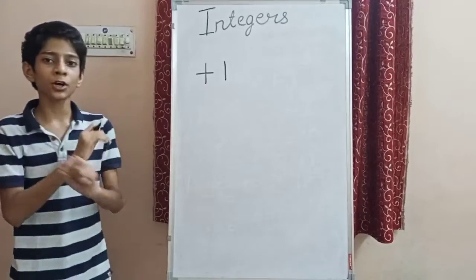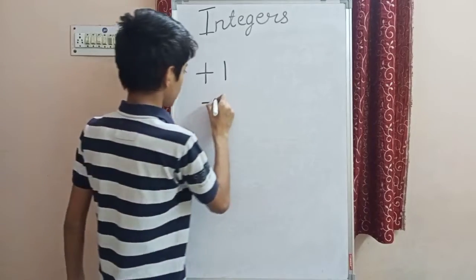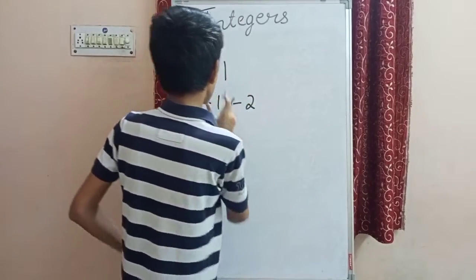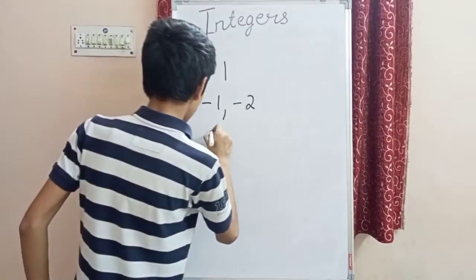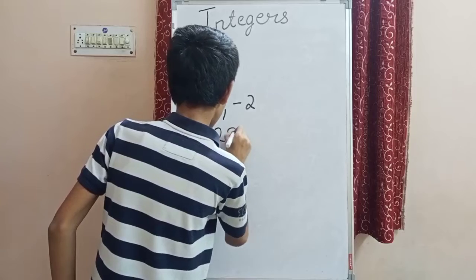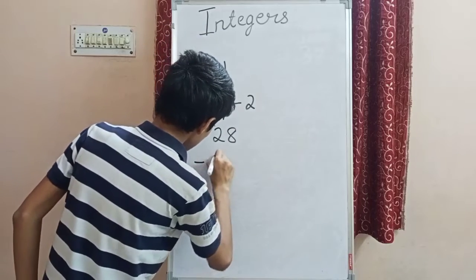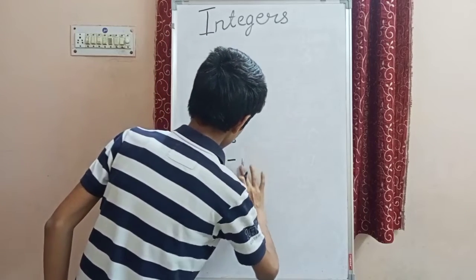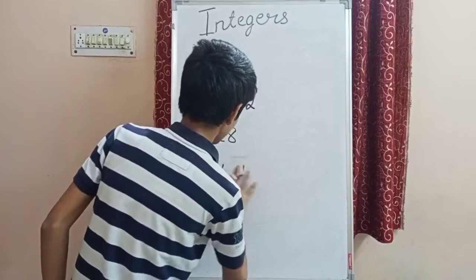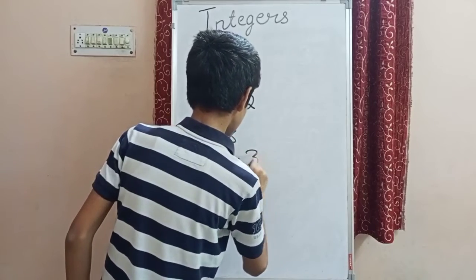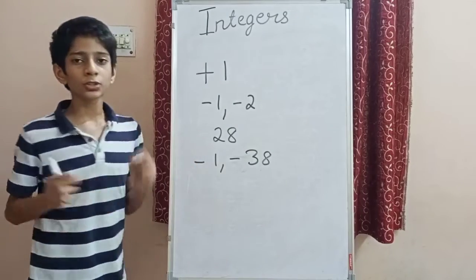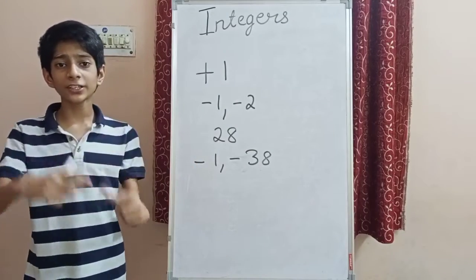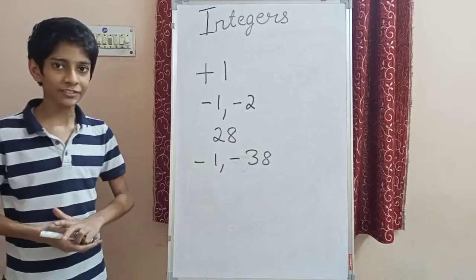Plus 1 is always greater than minus 1 or minus 2. Or we take an example as 28. Then it will always be greater than minus 1, minus 2 or minus 28, or greater than minus 38, 48, 58 or 60. So the positive integer is always greater than the negative integer.